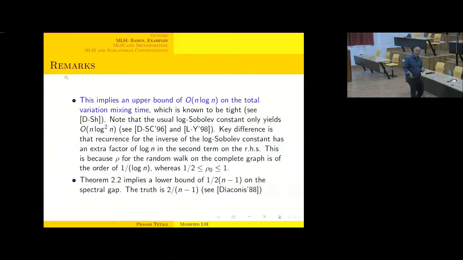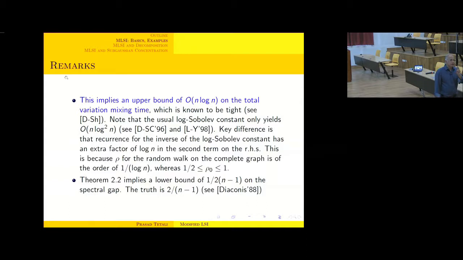The second thing I wanted to address: one question Yogesh asked was, I think maybe I oversold the modified log-Sobolev inequality, saying it gives the correct bounds for certain Markov chains and so on. And he was saying, so maybe the log-Sobolev is not relevant or interesting anymore for discrete Markov chains.